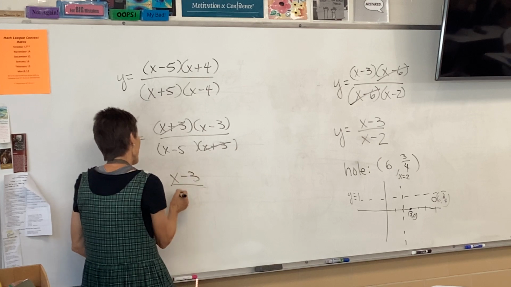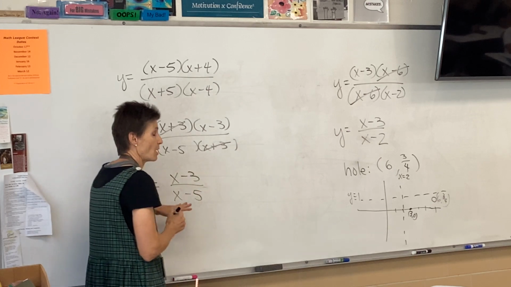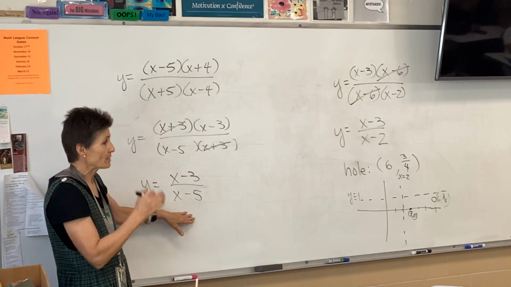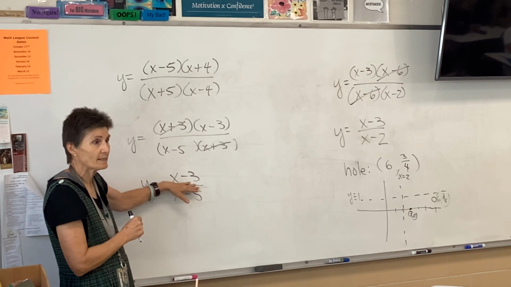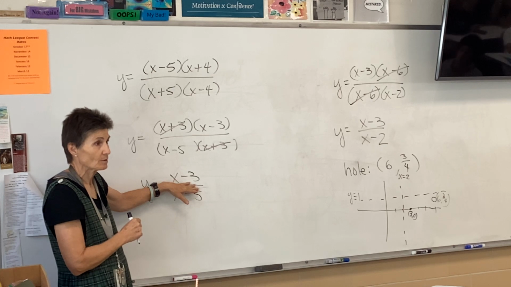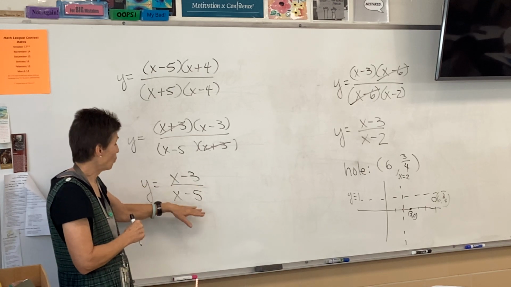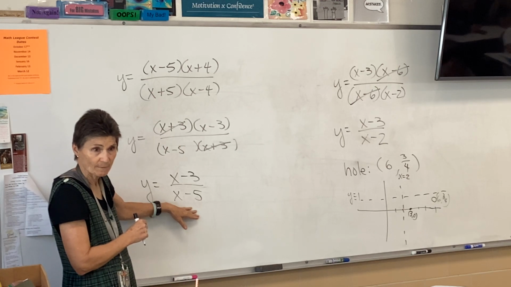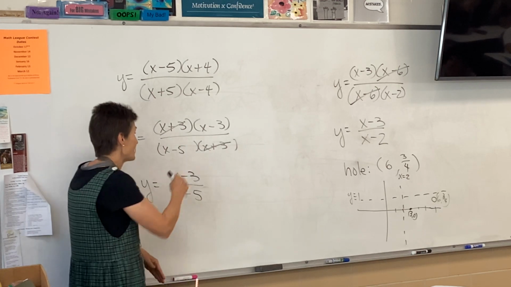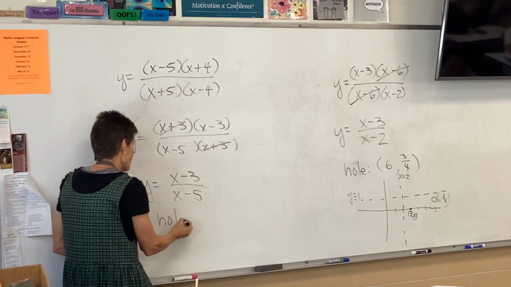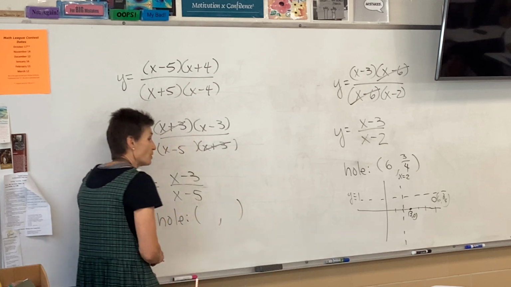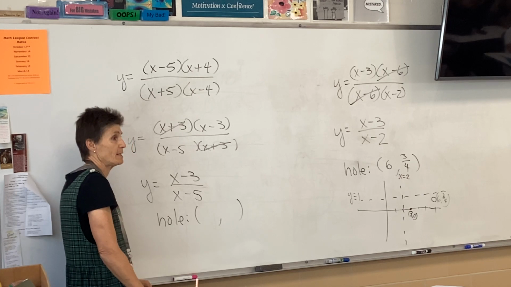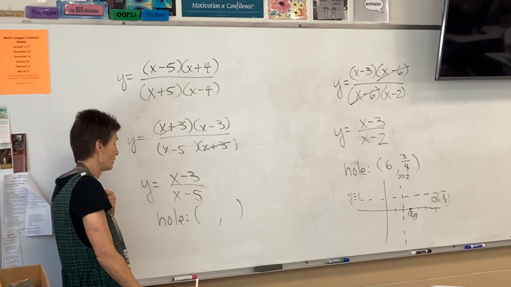Now, the zeros and the asymptotes are going to come from your reduced problem. There is one zero, and it is where x equals 3. There is one vertical asymptote, and it's where x equals 5. But because of the cancellation, this one is also going to have a hole, a removable discontinuity, something we can remove from the problem.